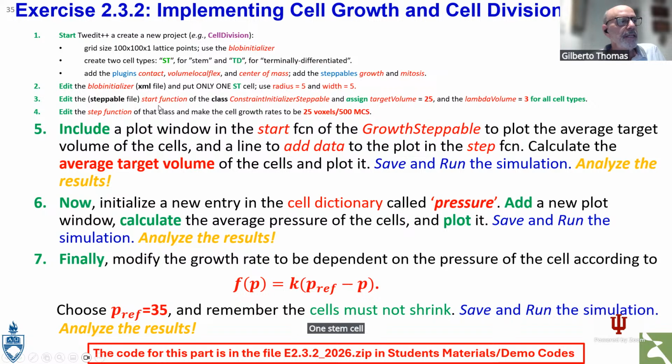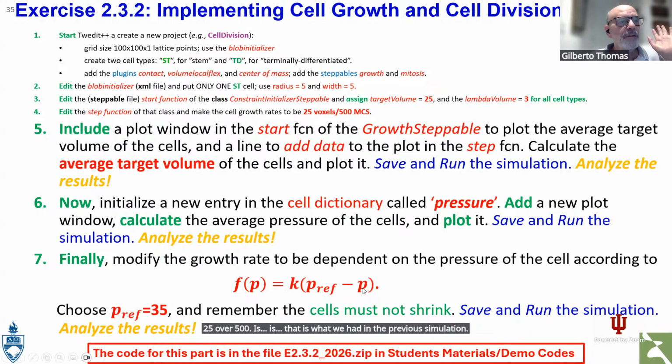And in the steppable file, you put target volume equals 25 and lambda volume equals 3 for all cell types. And the growth law at the beginning is 25 over 500. That is what we had in the previous simulation.